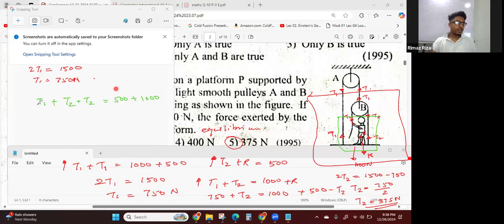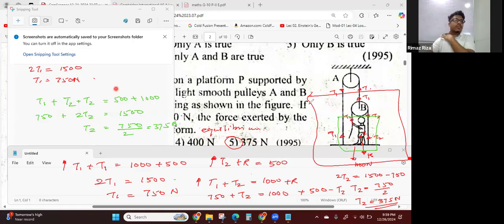So then T1, which is 750, plus 2T2 equals 1500. So therefore T2 is equal to, taking this to the other side, 1500 minus 750, which is 750, divided by 2, equals 375 Newton. So this way is good because otherwise I have to do three equations.